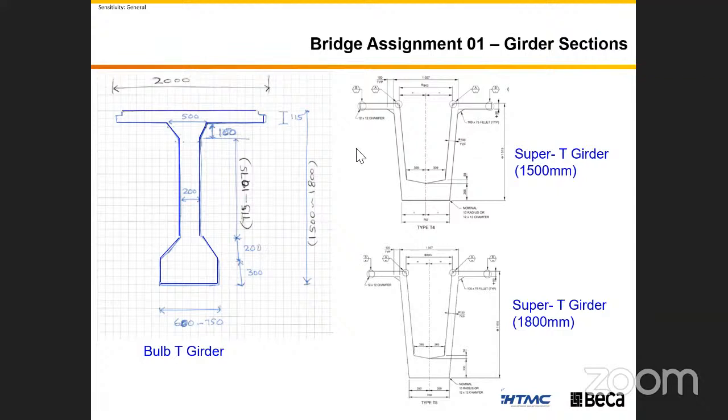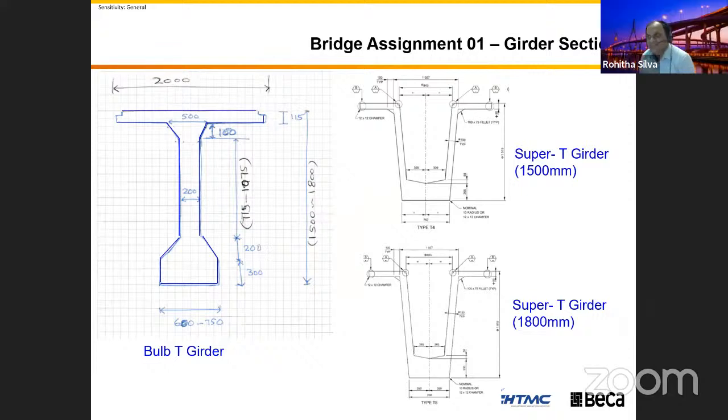I have one question. How does the magnitude of the gradient of the vertical profile affect the selection of the type of structure? I think it's not going to affect that much actually, Sampath.